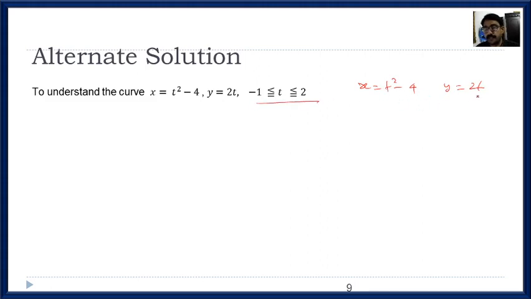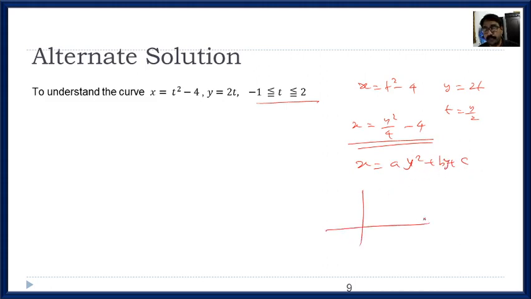Here, how to eliminate t? From the second equation, we have t is equal to y by 2. Substitute t is equal to y by 2. Here, we get x is equal to y squared by 4 minus 4. Clearly you can see that it is in the form x is equal to ay squared plus by plus c, which is nothing but a parabola, a parabola whose axis is parallel to the x-axis.